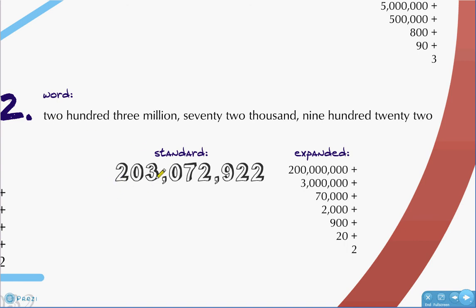There it is. 72,000. There it is. 922. There it is. How easy is that? And then once you have it in standard, you can break it down to expanded and by each individual digit. So 200 million, 3 million, 70,000, 2,000, 922, all added together. That's expanded form.